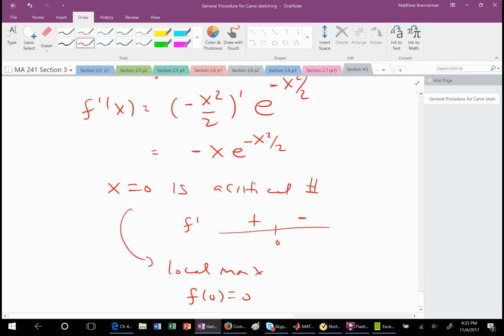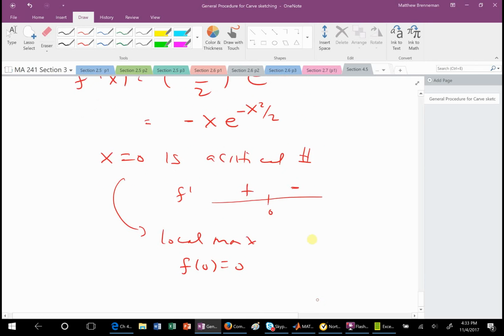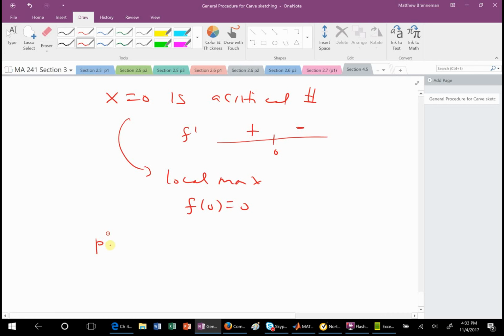The only thing I need to find are the points of inflection, okay? And so I'm going to take the second derivative, set it equal to 0, and I'll leave it as an exercise for you to show it's plus or minus 1 over the square root of 2. So to find the points of inflection, I'm going to set the second derivative equal to 0, and what you should find is that x is equal to plus or minus 1 over the square root of 2.